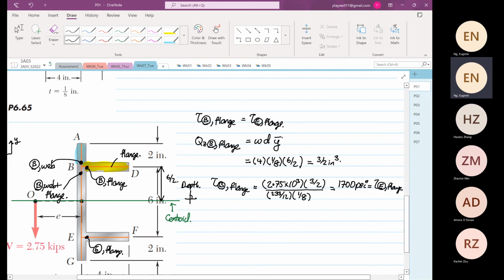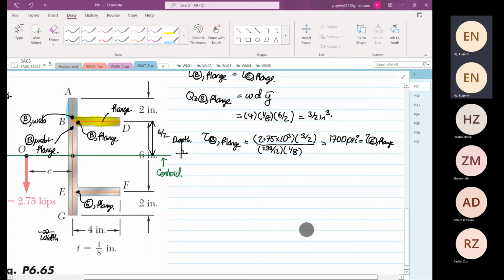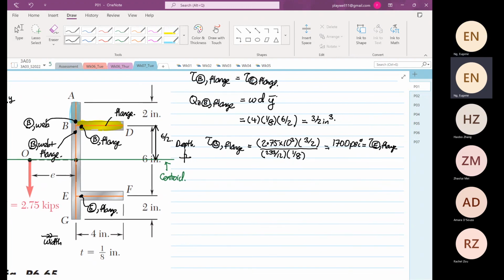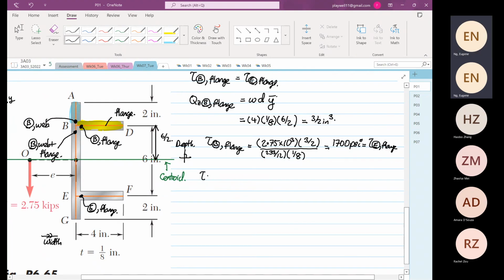Next we are going to look at the shear stress at point B just considering the web, which is the shear stress at point E just considering the web. The web section is the blue section that I've highlighted.